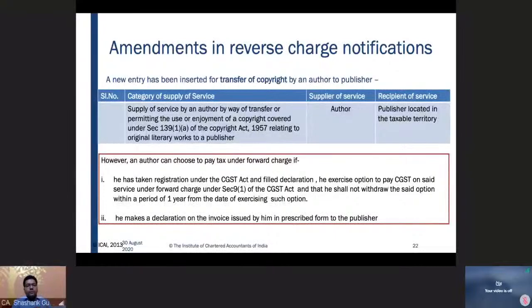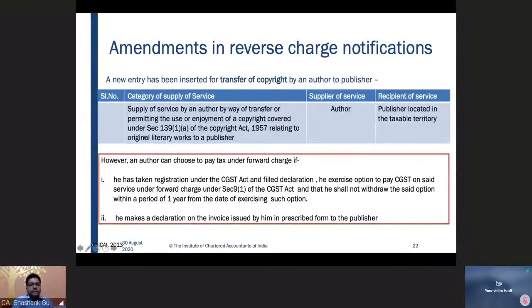But now, another option has been given by a recent amendment, wherein I, the author, can charge the applicable GST on such publication rights, charge it from the publication company, and deposit it with the government. But there are certain conditions.